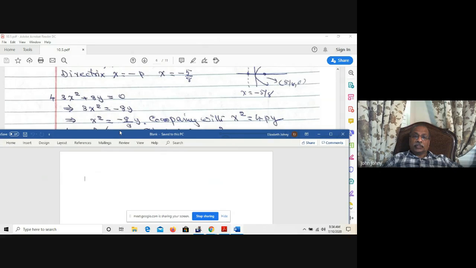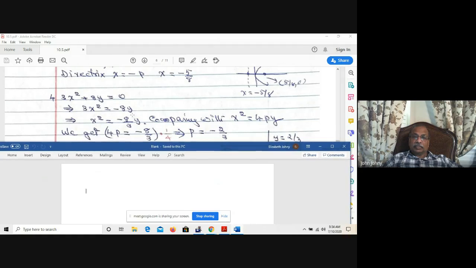So 4p is equal to negative 8 over 3 multiplied by 1/4. You get p is equal to negative 2/3. P is negative 2/3 and x has the square, so this is a parabola concave down.